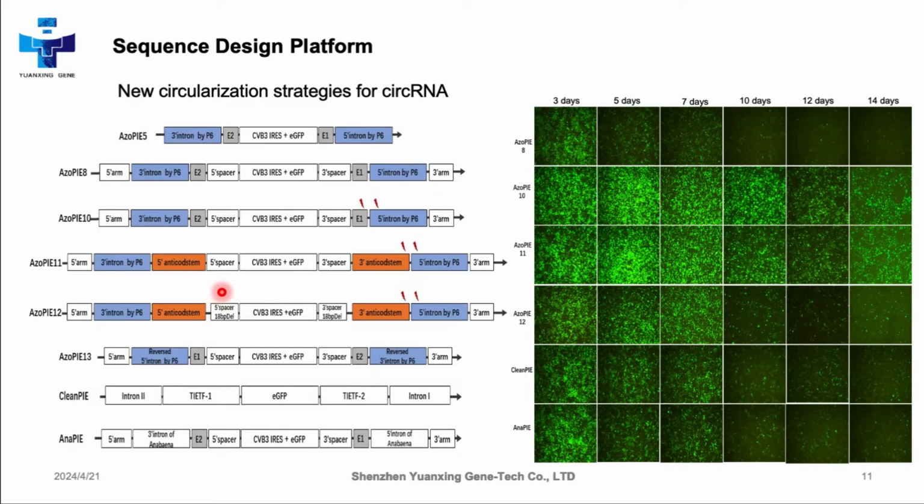In this slide, we present the detailed design schematics for the various circularization elements that are different from the clean PIE and the anaPIE, and we tested the GFP expression at the cellular level and found that the isoPIE 10 and the isoPIE 11 exhibit enhanced and longer expression compared to the other circularization elements.